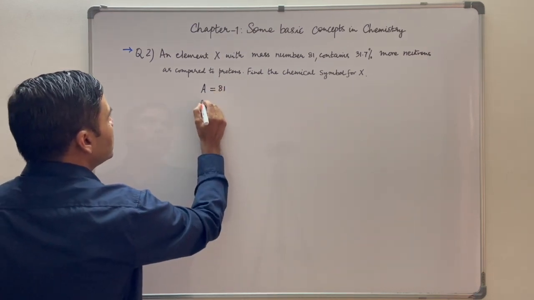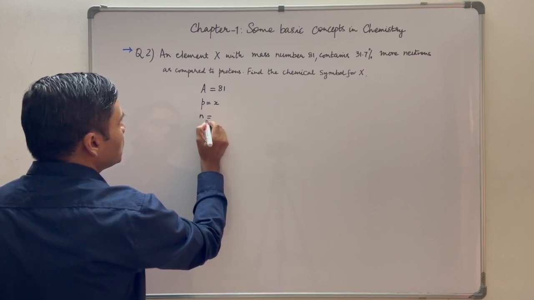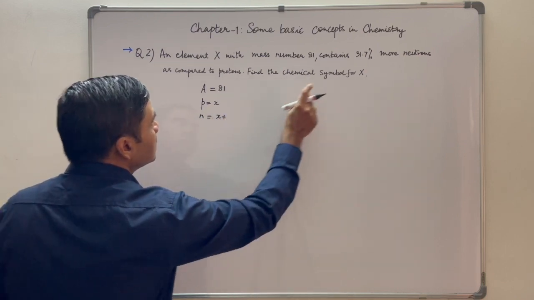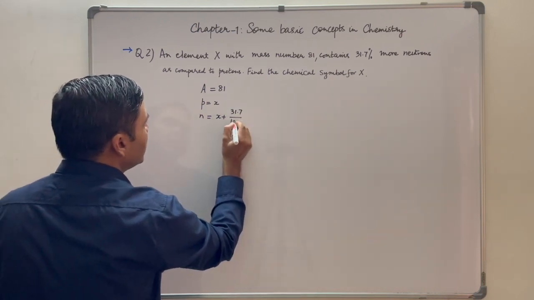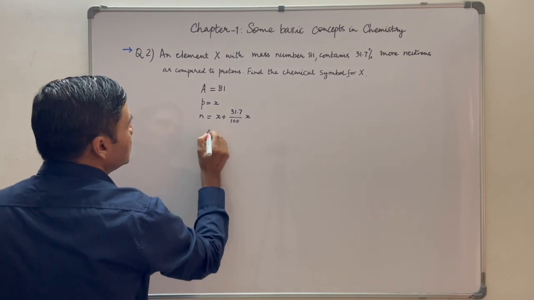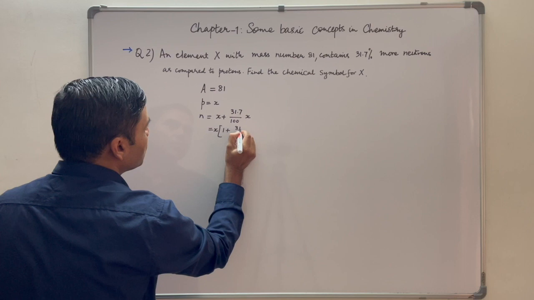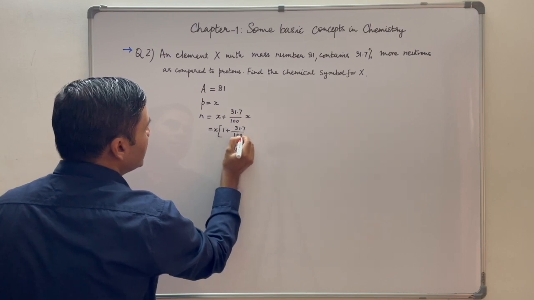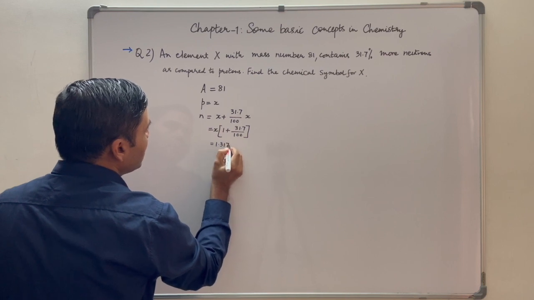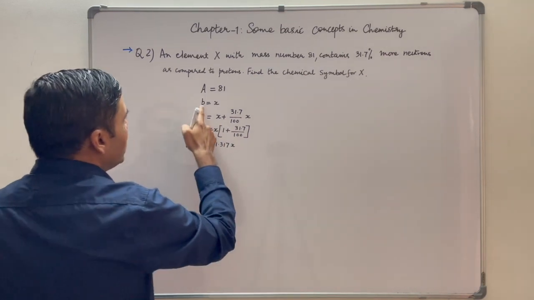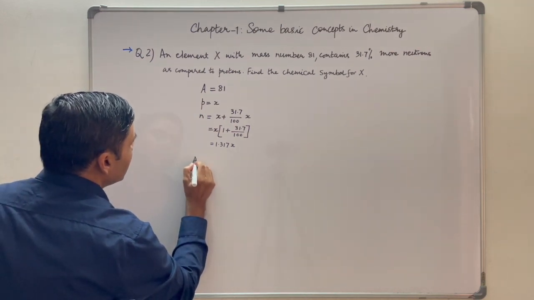Suppose number of protons are X. Then number of neutrons will be equal to X plus 31.7%, means 31.7 upon 100 times X. So take X as common, so it will be 1 plus 31.7 upon 100 and that will come out to be 1.317X.